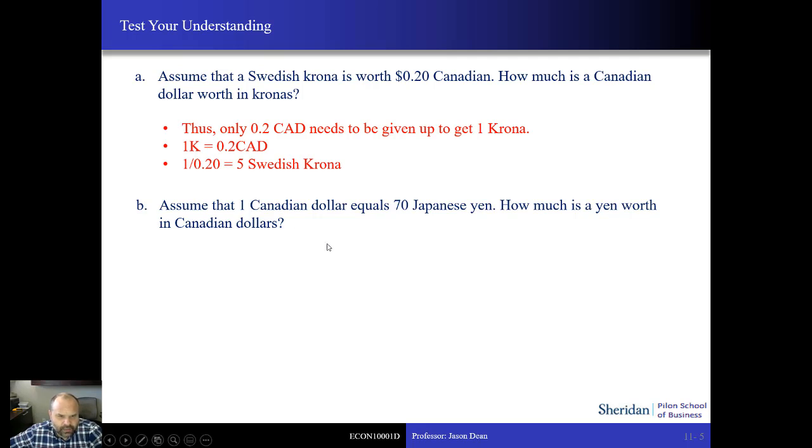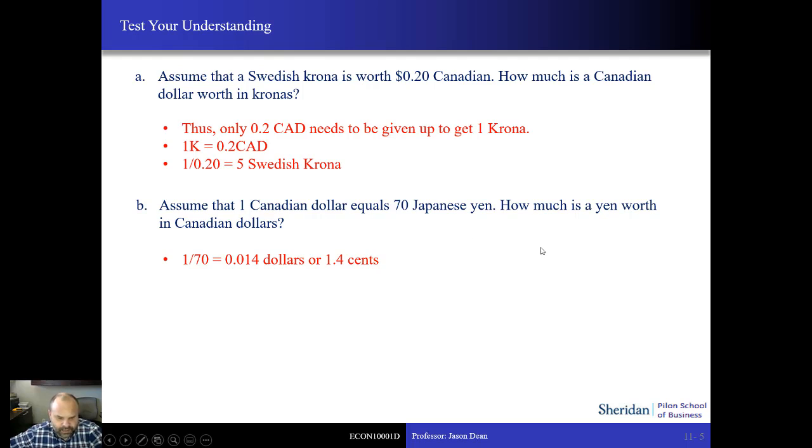Okay, so I'm back. So basically we're told here that 1 Canadian dollar is equal to 70 Japanese yen. Okay, so in order to figure out how much a Japanese yen is worth, we take the reciprocal. So it's going to be 1 over 70 equals $0.014 or 1.4 cents. You can think of this as being written 1 Canadian dollar is equal to 70 yen.